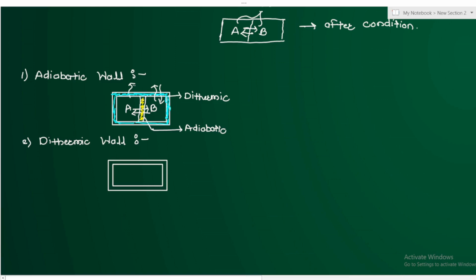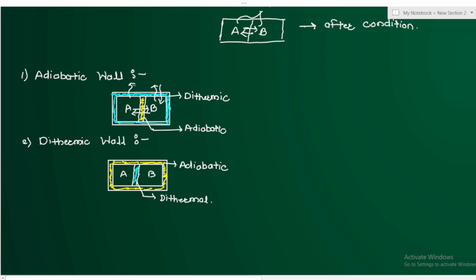Now for diathermic wall, we will have another similar diagram, but the wall between A and B will be diathermic. So now in this diagram, we can see that the system and surrounding are separated by adiabatic wall, means this is adiabatic, and the blue one is diathermic.